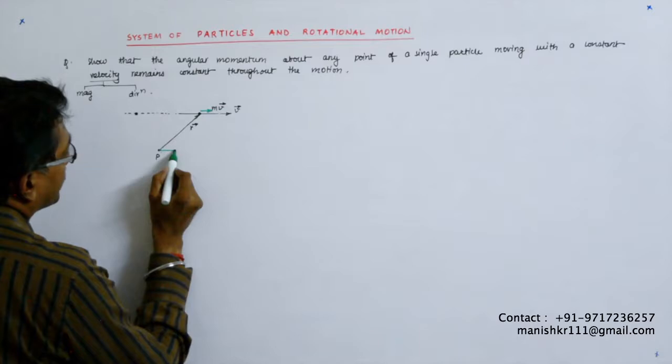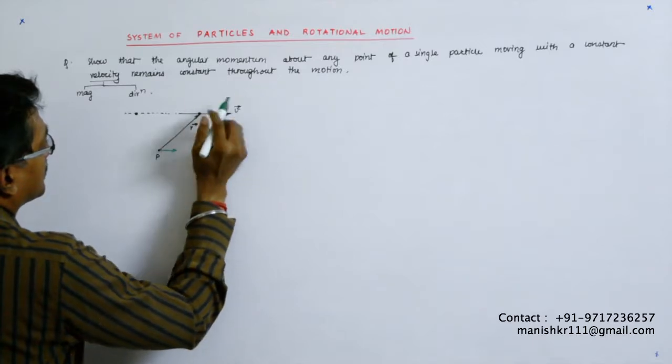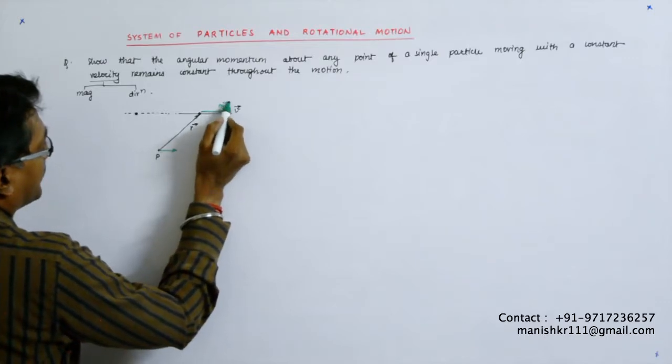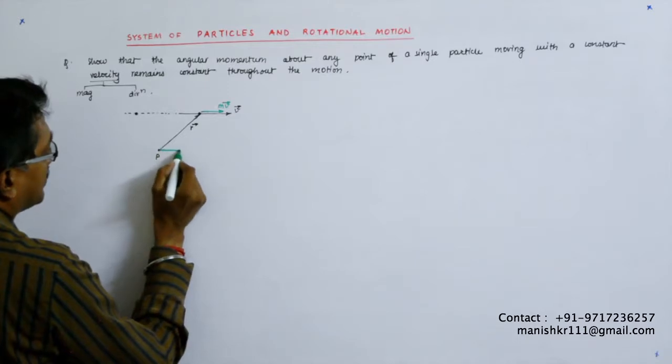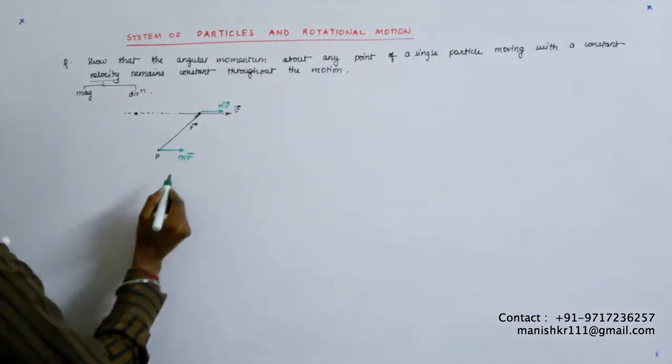Parallel. So it is something like this. Maybe it's a bit bigger. So say this is your mv vector, and that put parallel is this vector. Is it not?